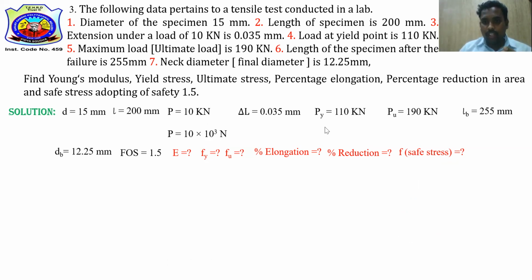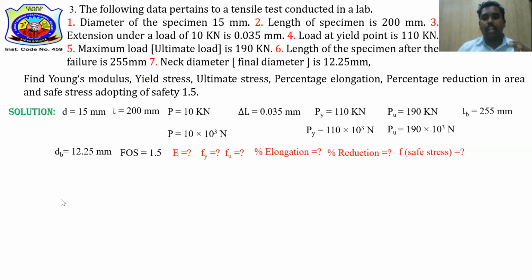Also in case of yield load and ultimate load, I need to go for the unit conversion. There's one more thing he has asked us to find, the safe stress. By adopting factor of safety, I need to find the value of the safe stress, that is F. Okay, these are the unit conversions I need to do.